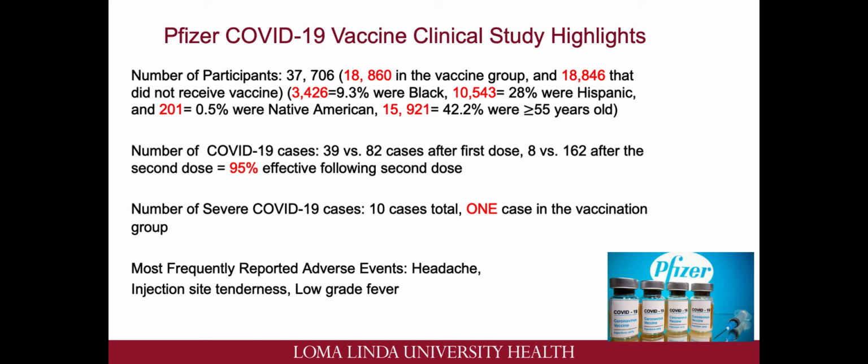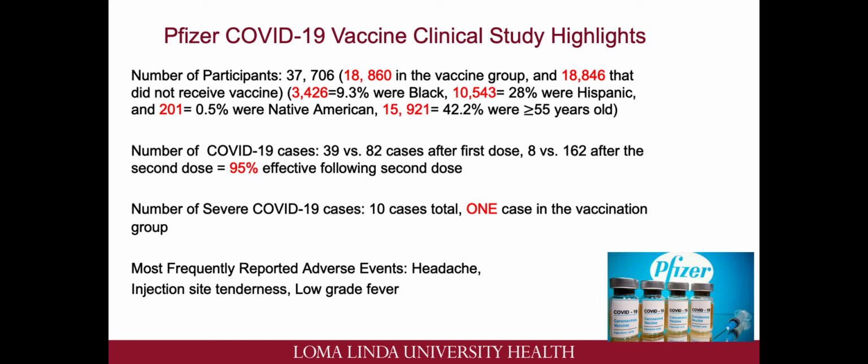So then we move into after that second dose. How many did they see there? Because that's important. These studies were designed to see, after receiving two doses, how protected would people be against COVID-19? So after receiving that second dose, we saw 95% efficacy. What does that mean?